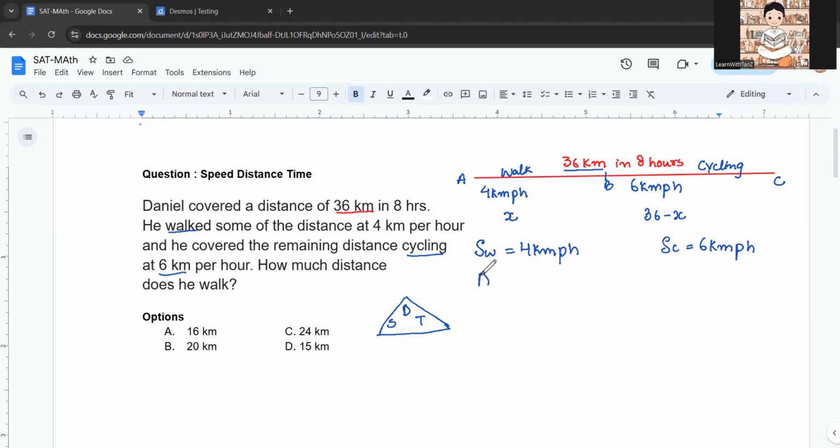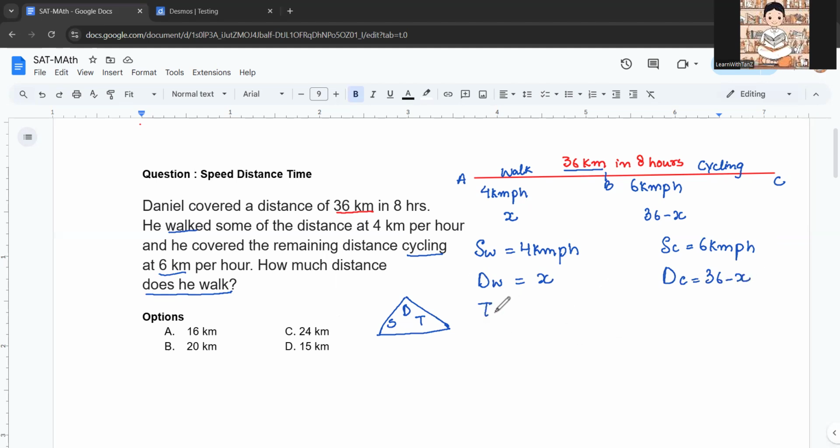Then we have distance for walking. We introduce it as a variable x because that is what we want. We want x. X is our answer. How much distance does he walk? Then the distance for cycling would be 36 minus x.